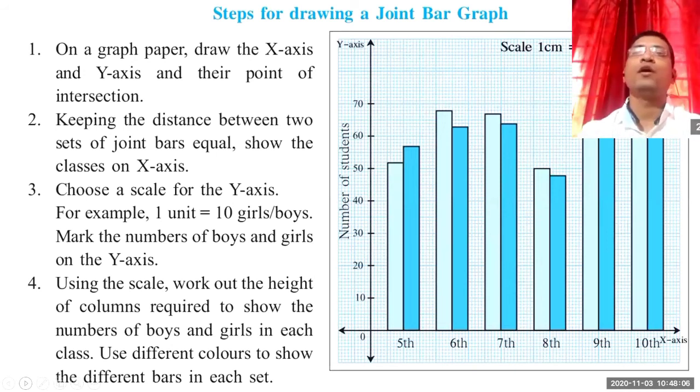Different colors are already shown on the bar graph. In the scale on the upper right corner you will notice boys is an empty column, and girls is a colored column. We will see the next slide.